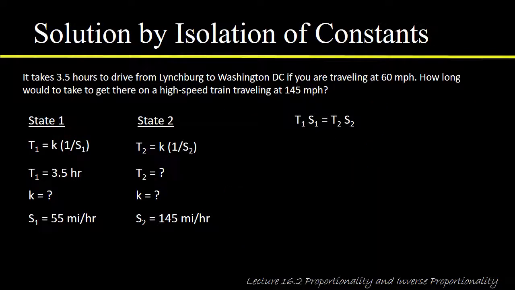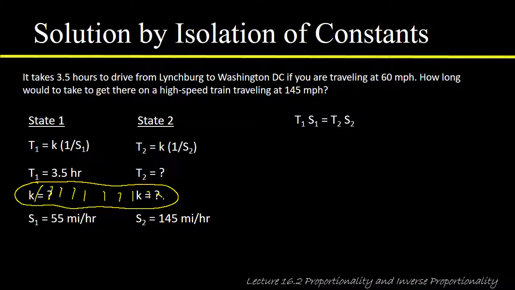All right, so we just figured out the correct algebraic equation to relate the variables of state 1 to the variables of state 2. We got t1 times s1 equals t2 times s2. And again, just as before, when you do isolation of constants, the constants disappear and they don't matter, so we don't need to worry about k.